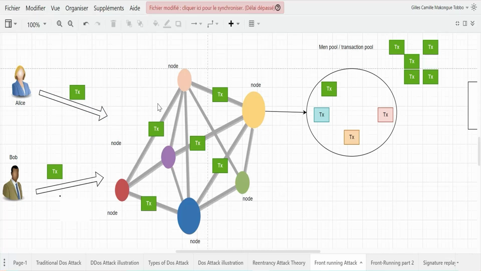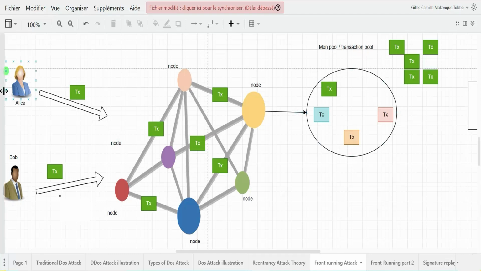And all these transactions go into what we call the mempool or the transaction pool. The mempool has all the transactions that have not yet been mined, or that are going to be mined or validated by the different nodes. It's really important to understand that.